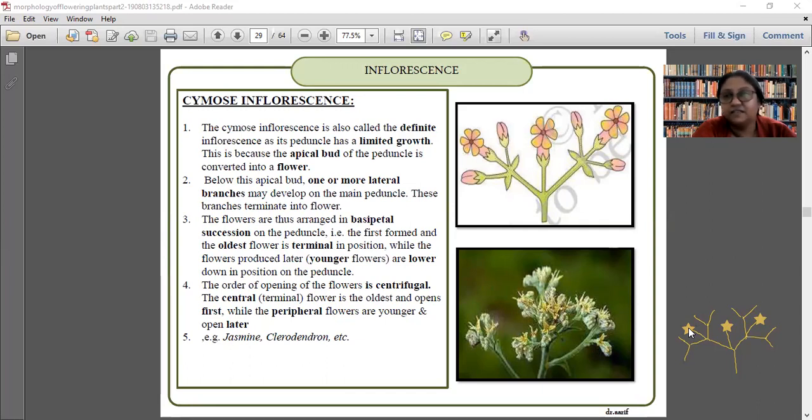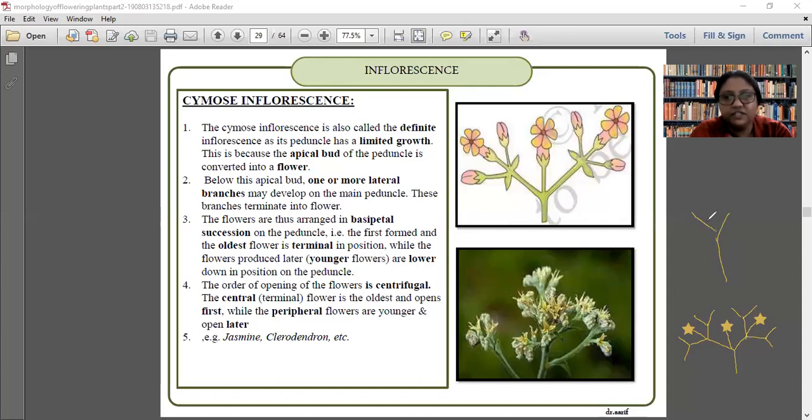Here the flowers are arranged in a basipetal manner or basipetal succession. What do we mean by basipetal succession? So वहाँ कैसे था? In case of racemose, I am once again drawing because I want you people to understand the concept very easily.